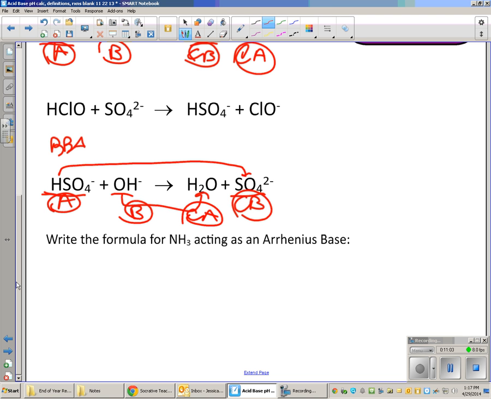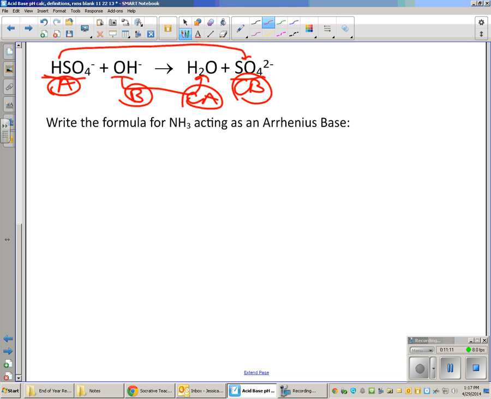All right, let's go back to Arrhenius real fast. Let's write out ammonia acting as an Arrhenius base. What's the definition of an Arrhenius base? In water. Okay, so here's ammonia. What is it acting in? In water. So I'm going to add water, right? So it's got to form what in water? Hydroxide. So I'll draw the hydroxide in here. So what's the other product?